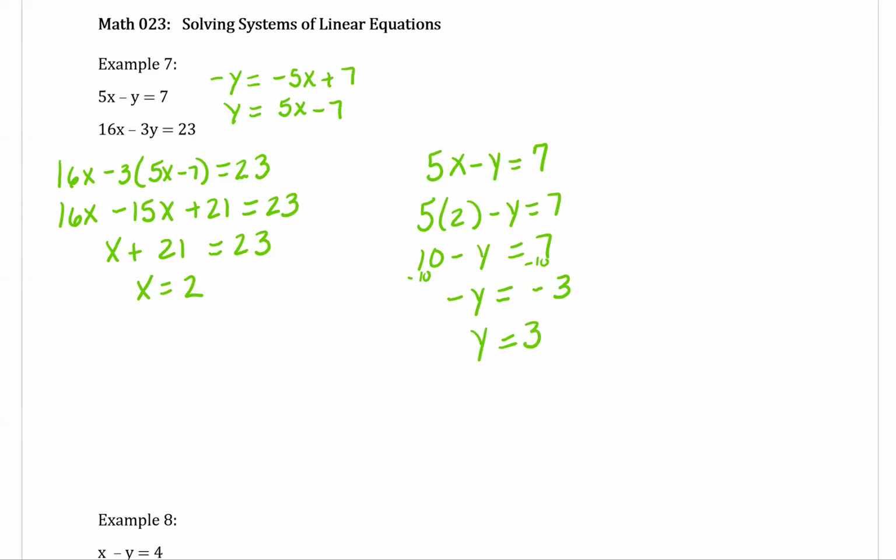Clearly it's 3. So the answer would be the ordered pair 2, 3. And again, you can always substitute your ordered pair into both of the equations, and they will be true if your ordered pair is indeed the solution.